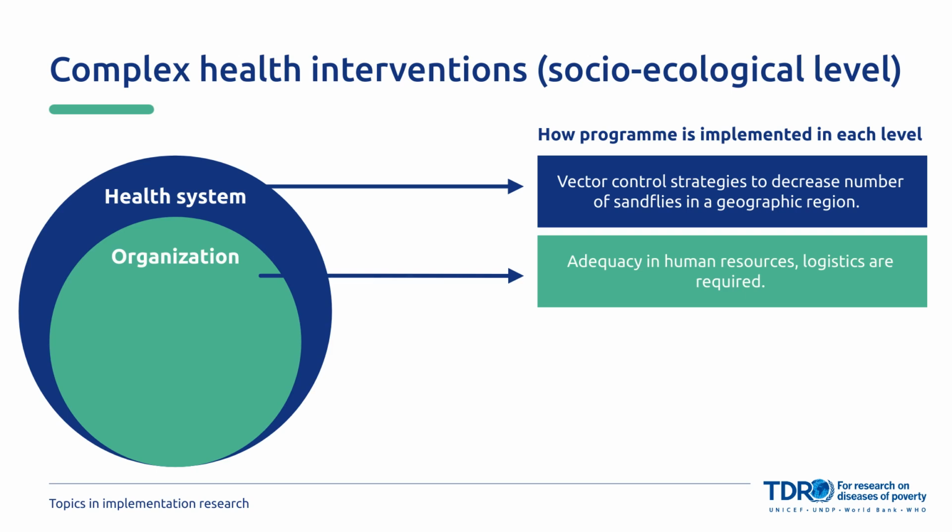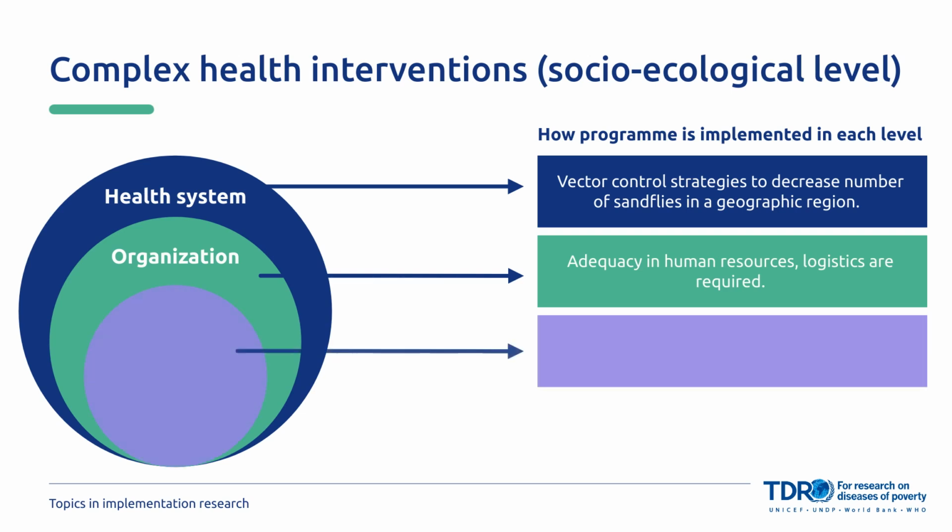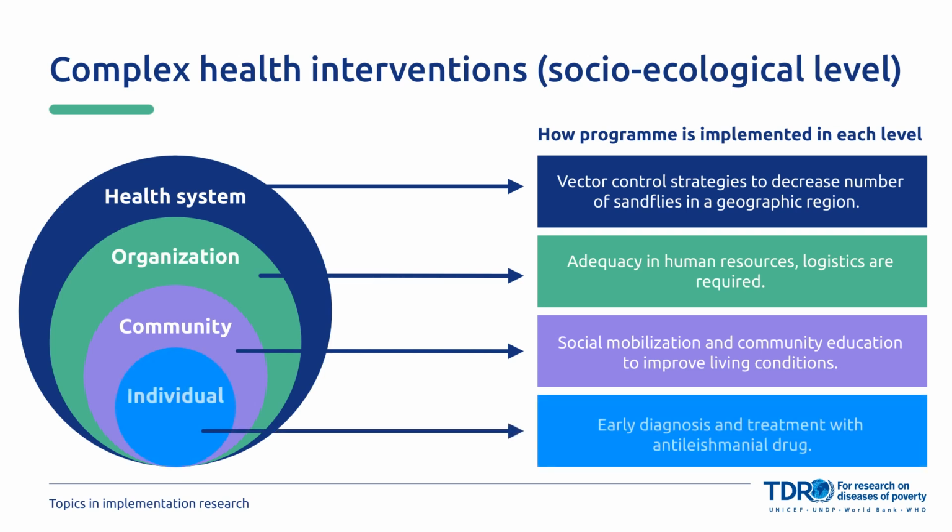It also hinges on the availability of human resources and adequate logistical support at the organizational level. In addition, social mobilization and community education is necessary to improve living conditions at the community level. At an individual level, early diagnosis and treatment with anti-leishmanial drugs is required.